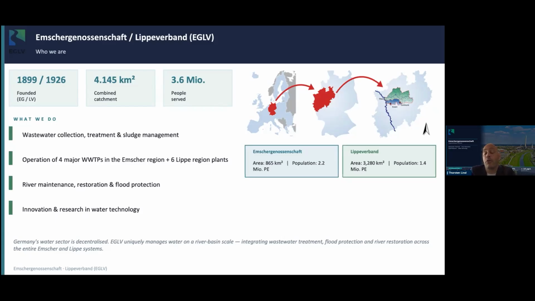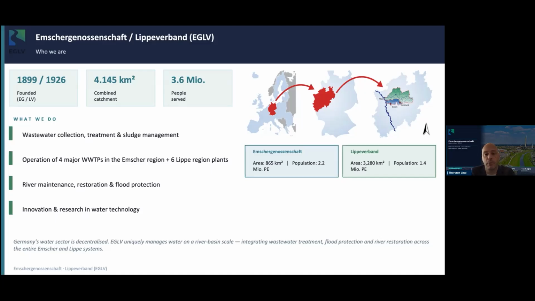It is the former coal and mining area, which is why the wastewater association was initially founded in the 19th century, because wastewater became a real problem there. It all went through the open water rivers, and it stayed this way for a very long time.